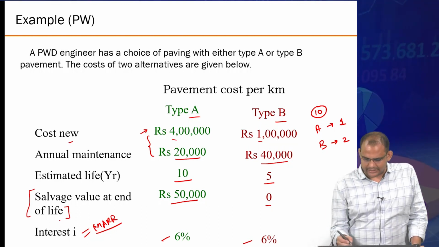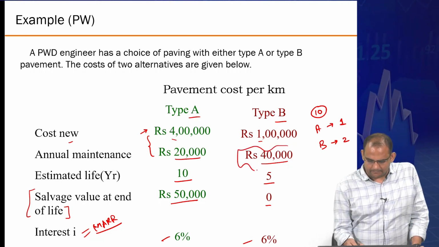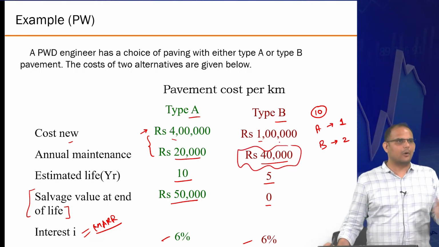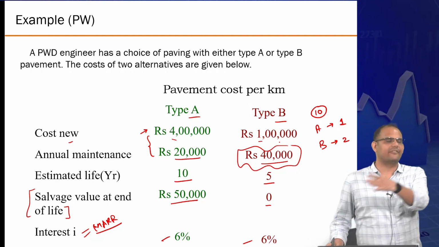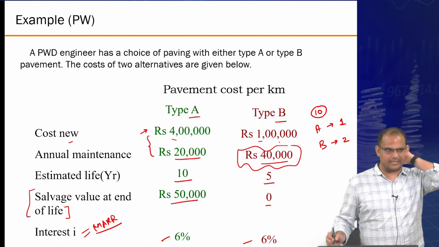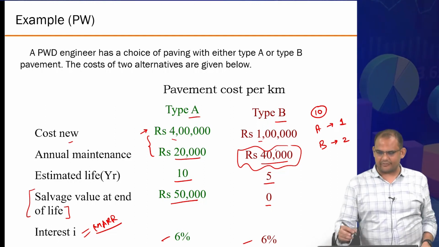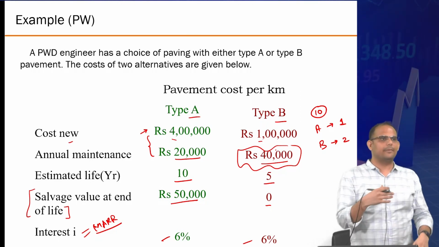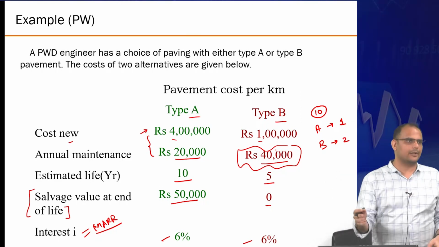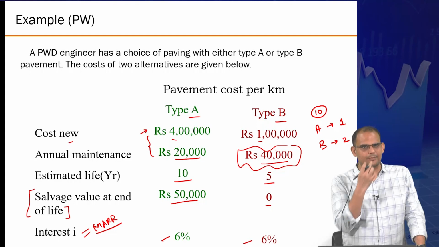There could be questions like, what should be the maximum annual maintenance amount that you can afford so that your type B alternative is always favorable compared to type A, right? For example, if the annual maintenance of type B will increase to, let's say, 80,000, this present worth will be much huge perhaps compared to type A, such that type A becomes more favorable, right?